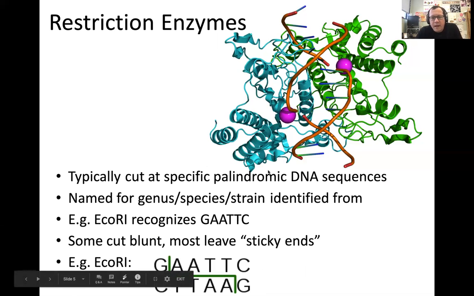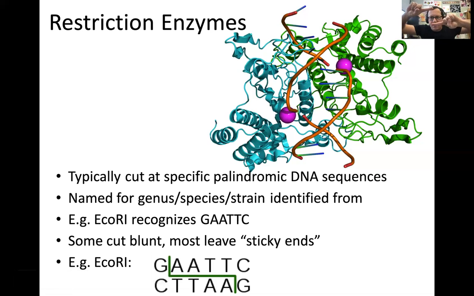And what happens when EcoR1 cuts at this GAATTC site is it cuts the backbone between the G and the A at both positions. And what that does is it leaves this single stranded. You can imagine that our DNA, it's double stranded, and when the backbone gets cut, that allows the bases to separate there in the middle.